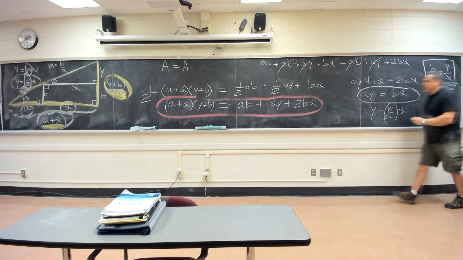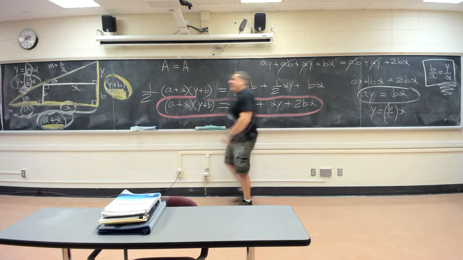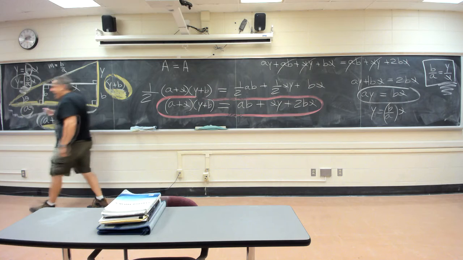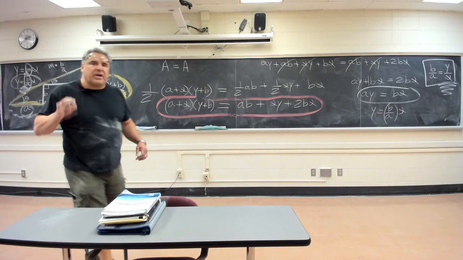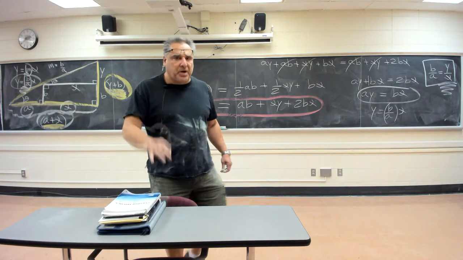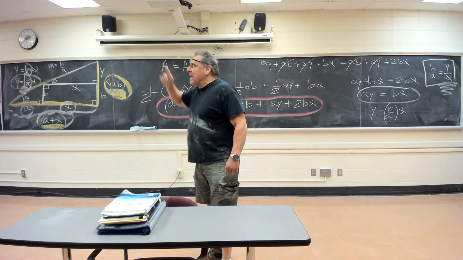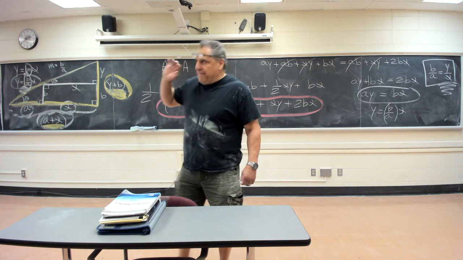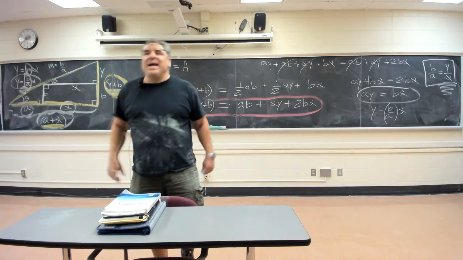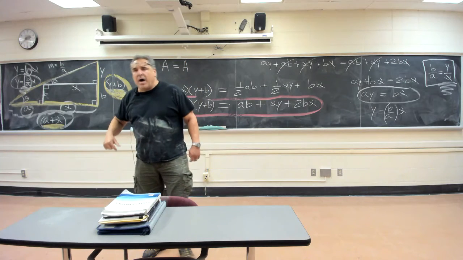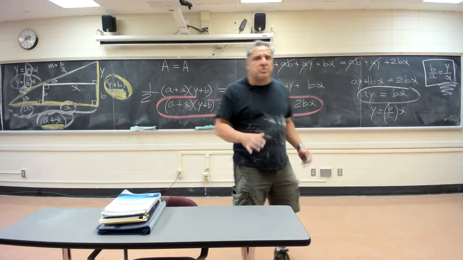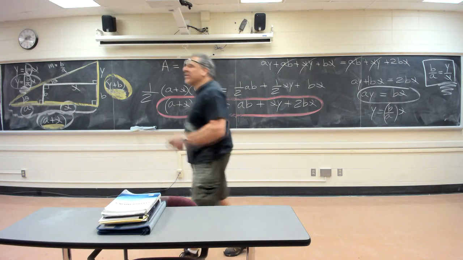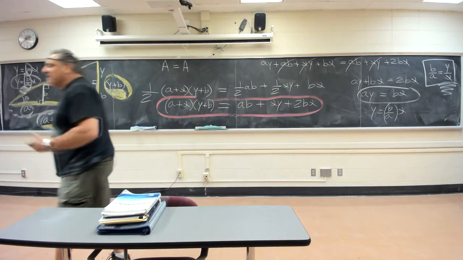For any two right triangles that are similar to one another, the rise divided by the run for one of those triangles, big or small, is equal to the rise divided by the run for the other right triangle, no matter how big or small it is. If two right triangles are similar to one another, they have the same slope.